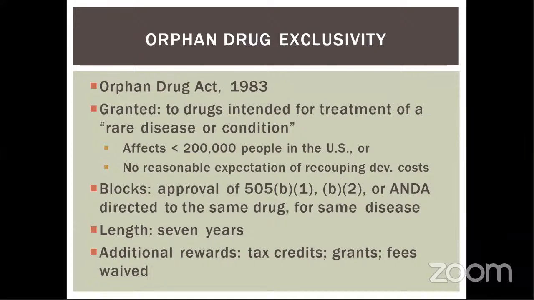Orphan drugs, that is drugs intended for treatment of a rare disease or condition which affect less than 2 lakh people in the US, or no reasonable expectation of recouping the development cost. The time required for that is 7 years. That is the length of exclusivity of a drug.